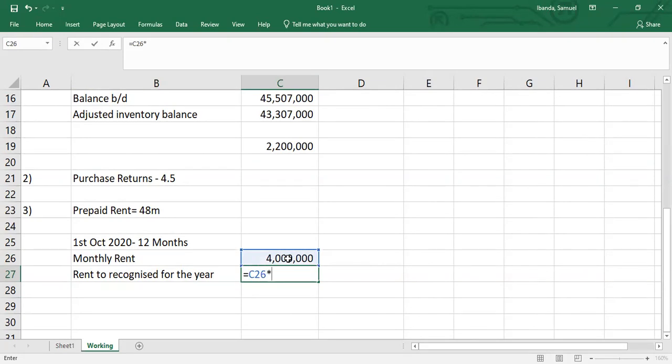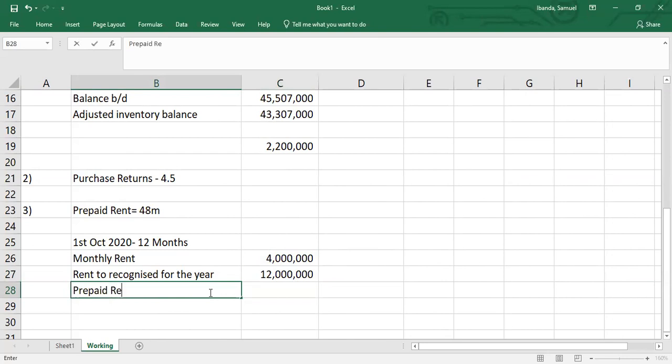Now, if we pay rent on 1st October, that is 1 month, October, November, December. Yes, they are basically 3 months. So I'll recognize rent for 3 months, which is 12 million. And prepaid rent, that means it relates to the next financial year, will be basically the remaining 9 months, because I've only recognized 3 months, October, November, and December.